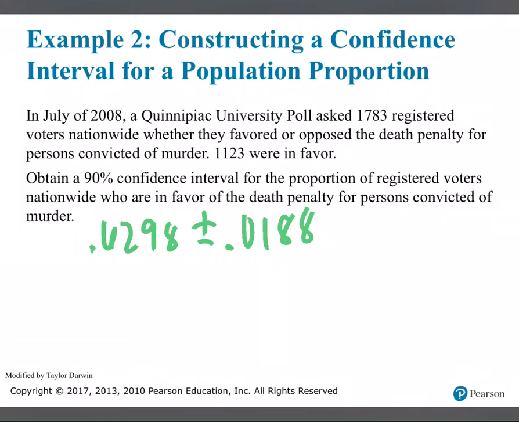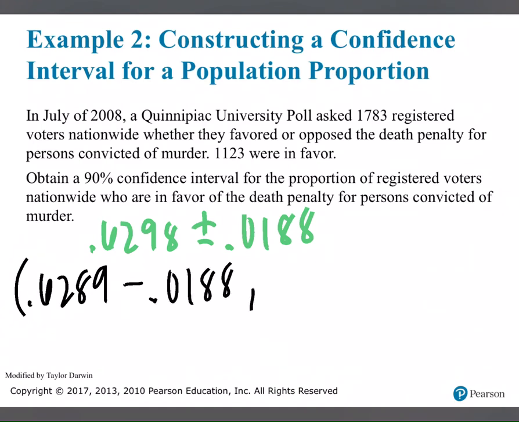So to find our confidence interval, I've got to do two different operations. I've got to do this 0.6298 minus all that, and then this 0.6298 plus all that. And so I'm going to write it out this first time. 0.6298 minus, because the smaller one's going to go first, comma, 0.6298 plus.